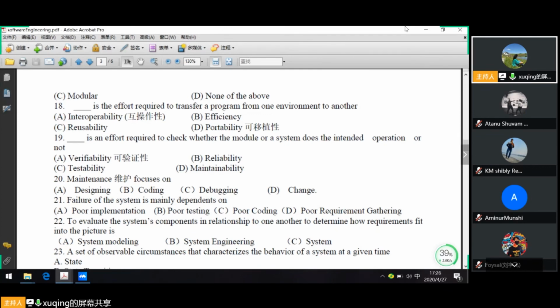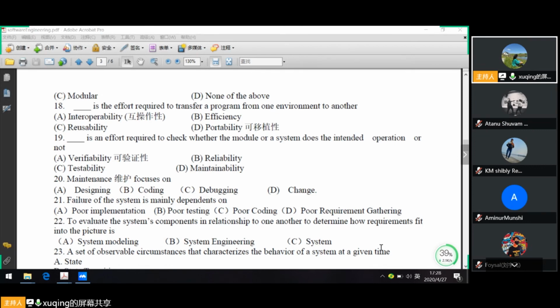I think these questions are rather simple. Here, pay attention to from one environment to another. Transfer a program from one environment to another. What is the effort required? Interoperability?